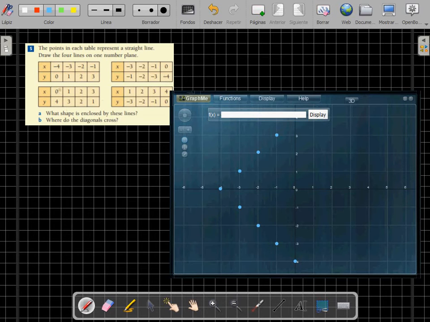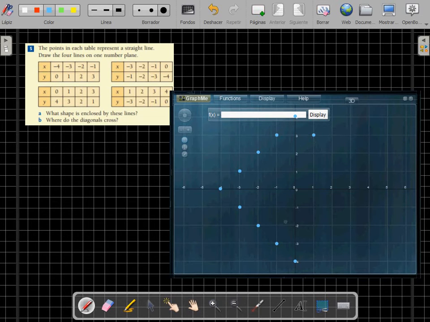We have 0 in x, 4 in y. Okay, and from 0 in x we're going to move up until we reach the 4. Well, I barely can see it, but it's right there. Okay, there it is, 0 in x, 4 in y. Next point is 1 in x, 3 in y. So we locate 1 in x, and from here we move up until we reach the 3 in y.